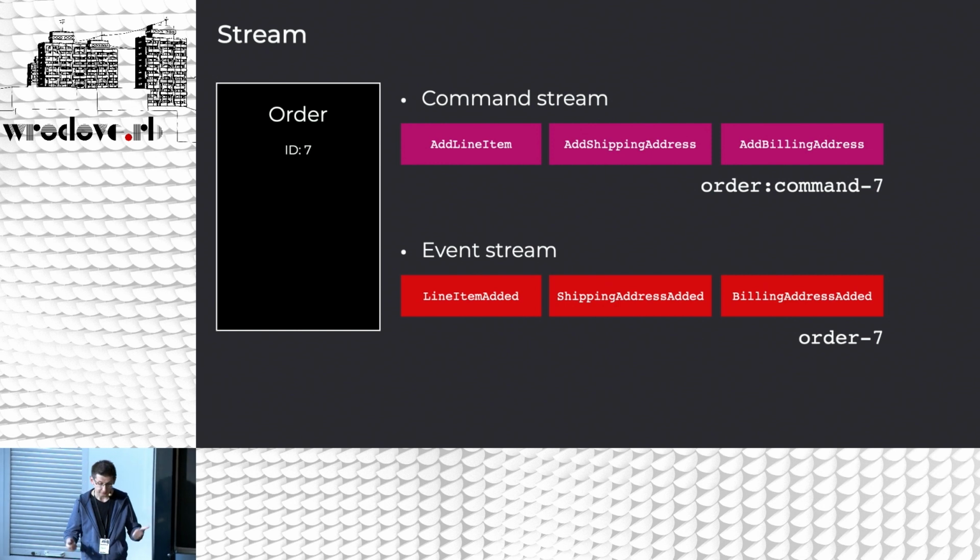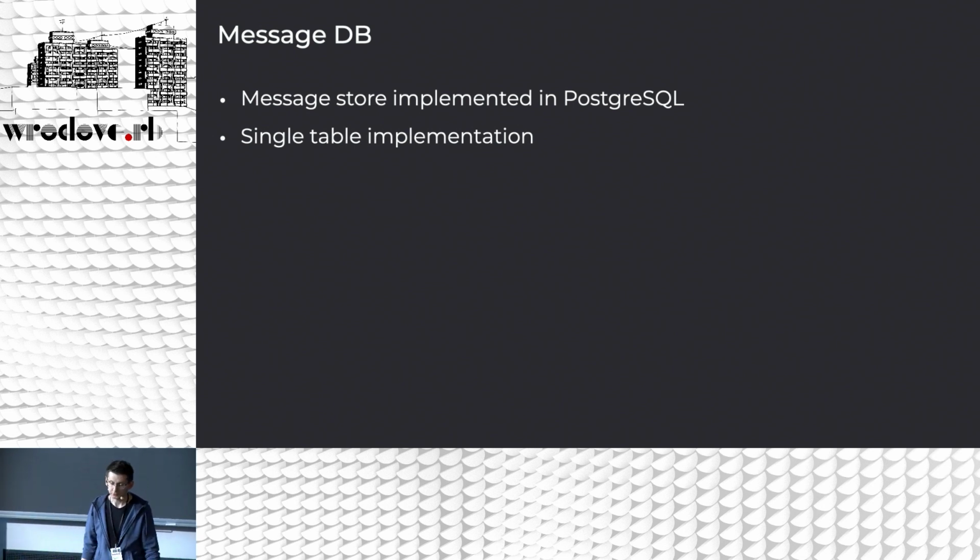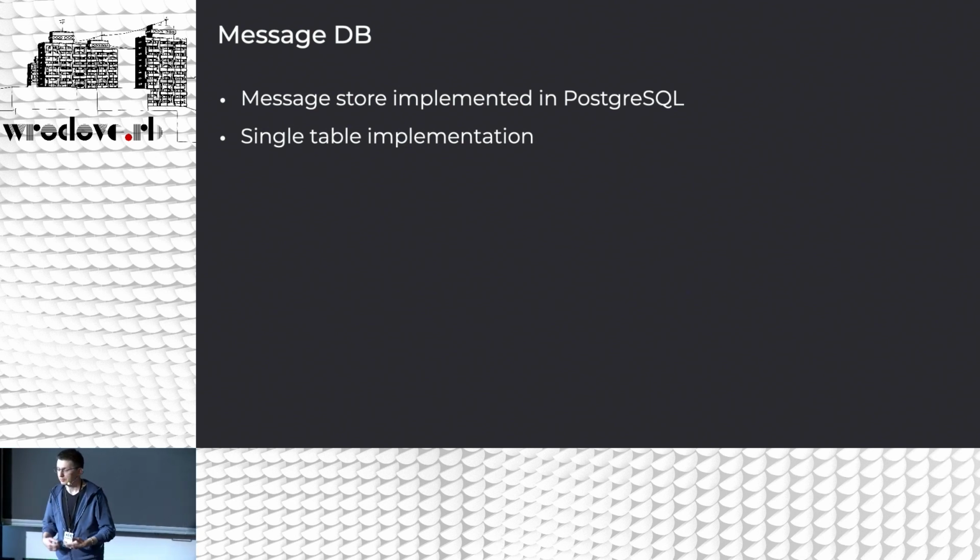All right, so we have commands, we have events, we have messages. We have to store them. So we have a handy thing called MessageDB for storing messages. The beauty of it is that it's implemented on top of Postgres. So all you have to have and know to start with event sourcing in Ruby is Postgres.